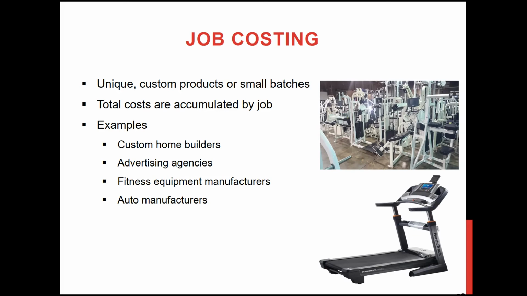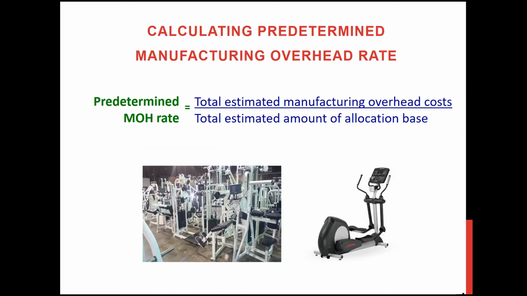Remember, for any manufacturing process, you need to know three types of costs: direct material cost, direct labor cost, and manufacturing overhead cost. For job costing, we first determine our manufacturing overhead rate, and this is the formula you need to know for this chapter.